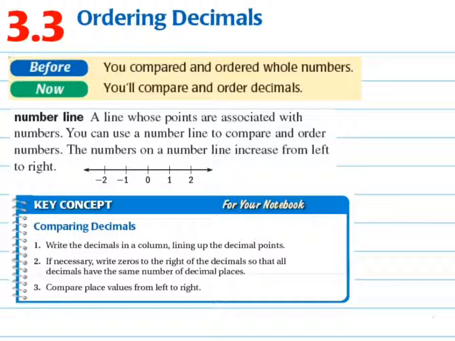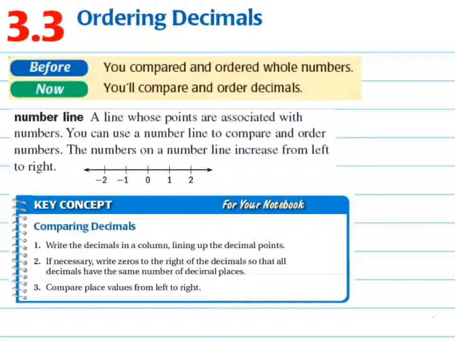That's kind of key, and we'll show an example in a second. Third, compare place values from left to right. The main reason we compare place values from left to right is that the numbers get larger as we go to the left, just like we have the decimal place, then the ones, tens, hundreds. So as we go to the left of the decimal, we're getting larger and larger.